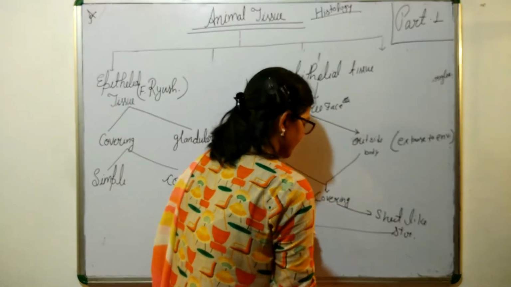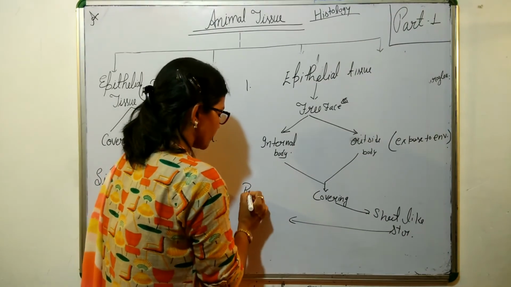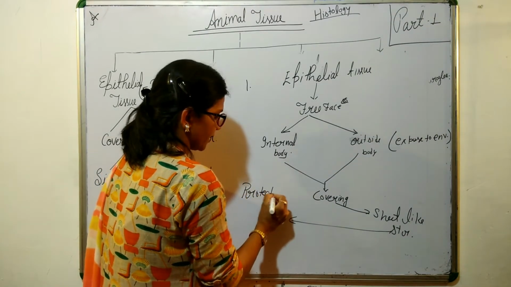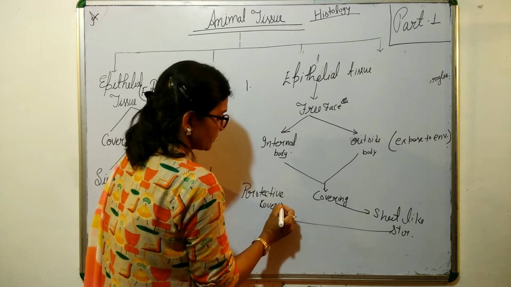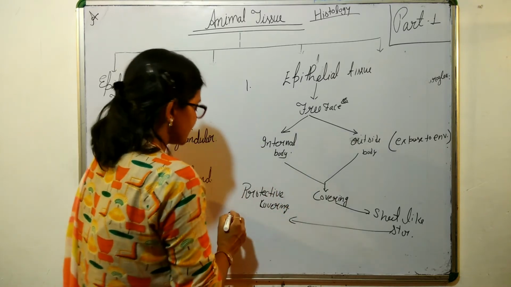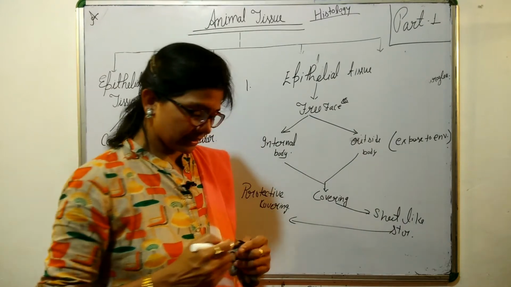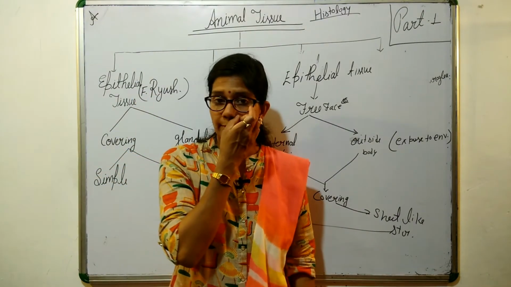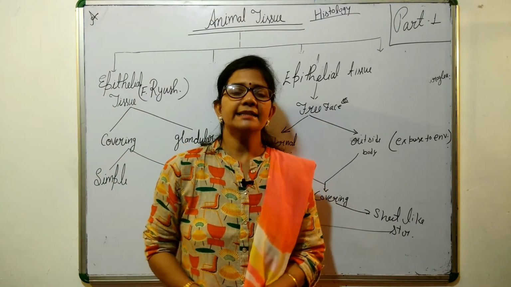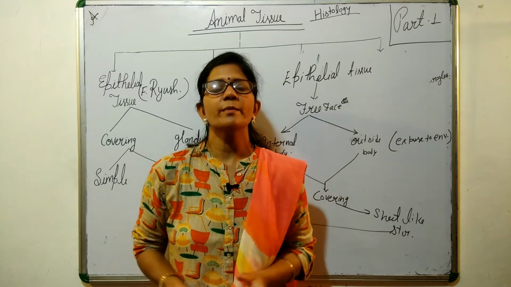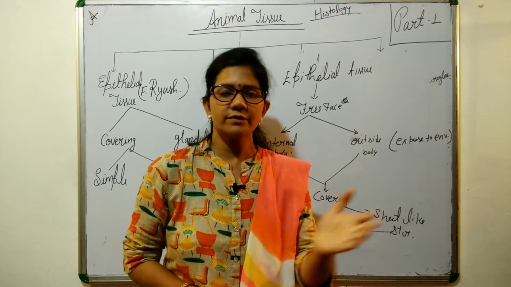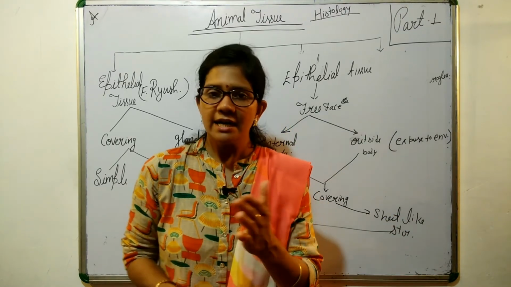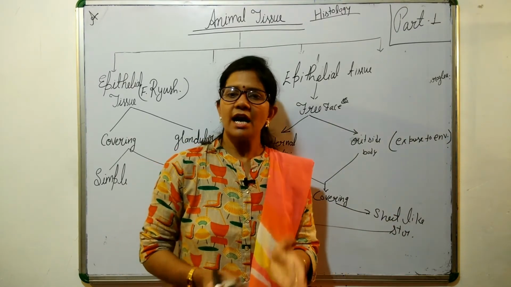Because it acts as a protective covering. Then the second thing about these tissues, especially the epithelial tissues, is that they are joined with so many junctions. These junctions can be of different types, like tight junction and adhering junction.